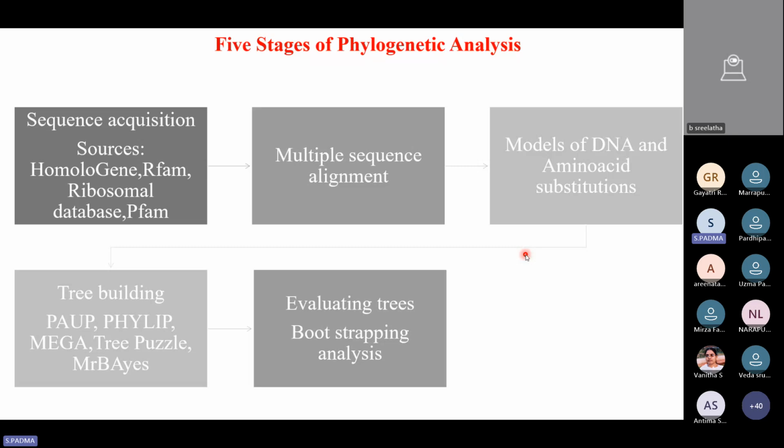These are the 5 steps, or the process, which you should follow, not the methods. The process which you have to follow is to identify the sequence. The first step is called sequence acquisition, where you are going to acquire sequences. From where will you acquire sequences?